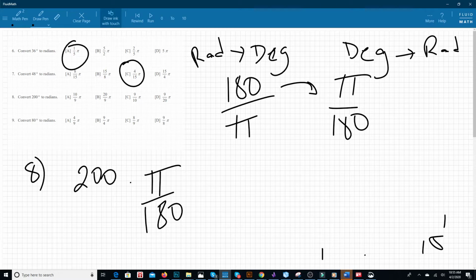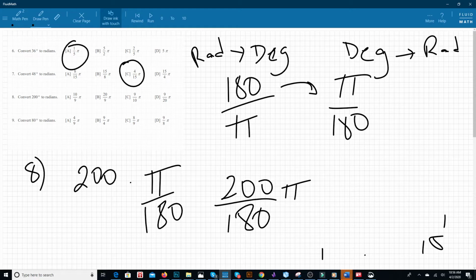This is simply just reducing. So it's essentially just 200 over 180, right? And you multiply this by pi. The 200 could be simplified by what number can go into both 200 and 180. Can 10 go into both of these? Yes, 10 can definitely go into both of these, right?